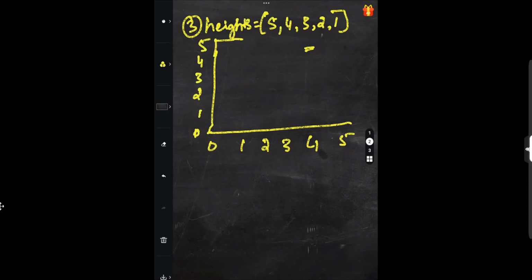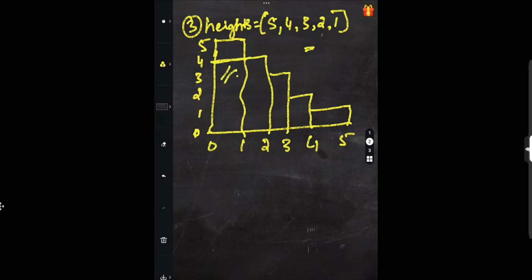The first one will be 5. The second one is 4, and the third one, in decreasing order, is 3, then 2, and finally 1. So the largest rectangle here is formed using the consecutive bars starting from the first. You can clearly see this one.